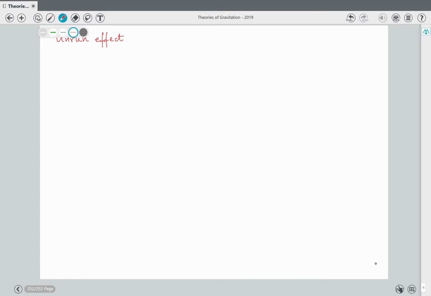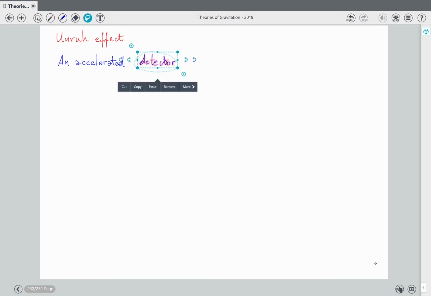It describes a detector that moves with some acceleration, and what happens? It detects the presence of particles even if in vacuum.